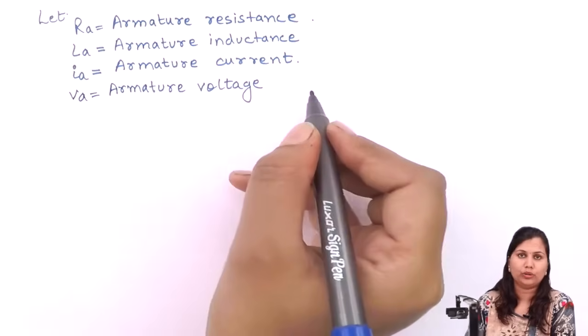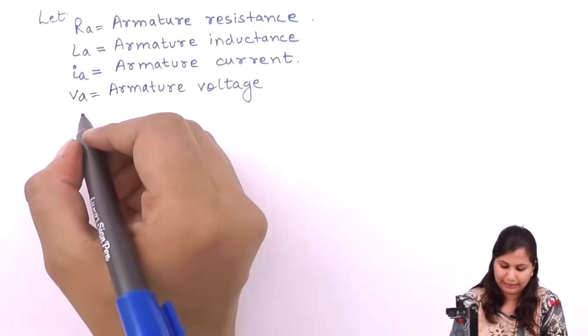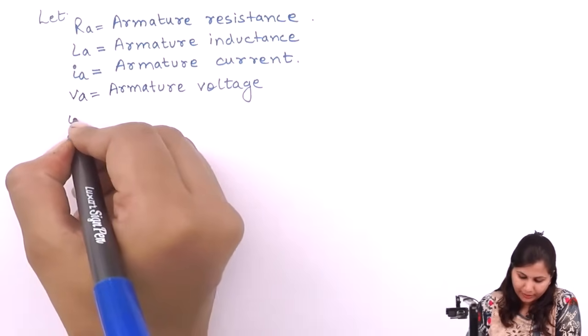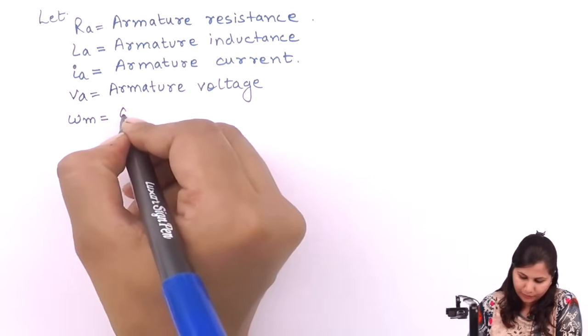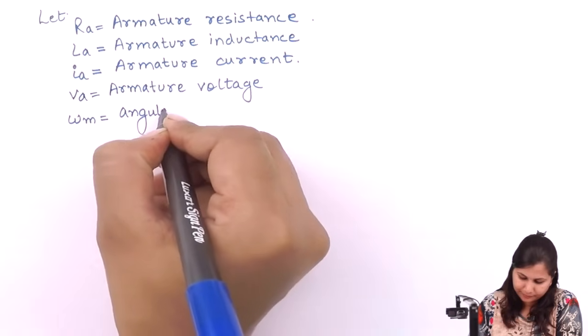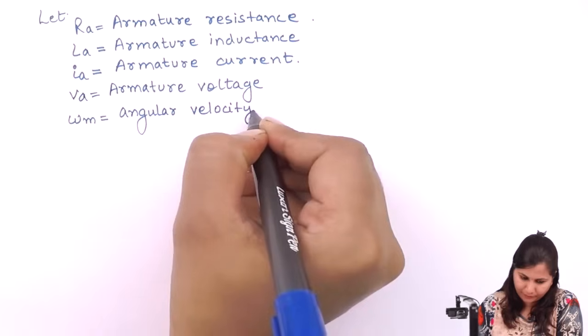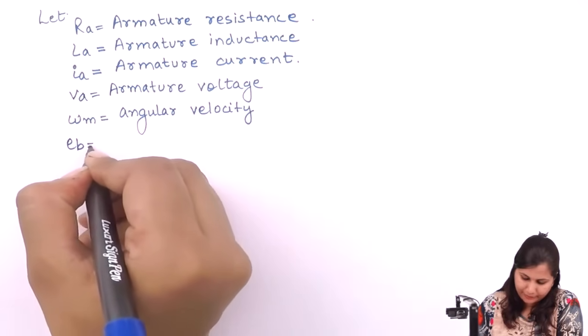This armature voltage is variable and it is applied to the armature side. Omega M is the angular velocity. EB is the back EMF.